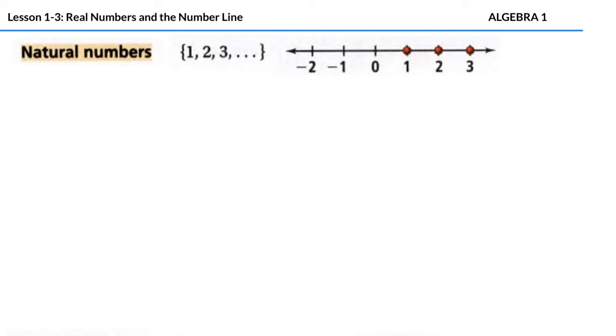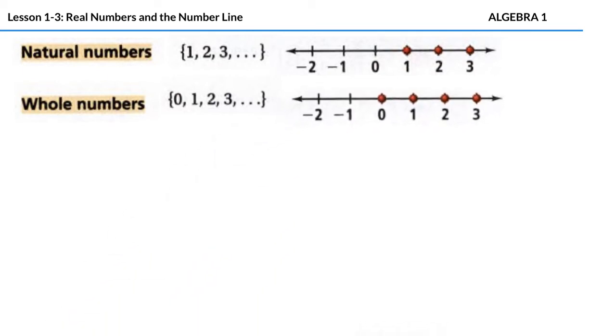So we know what natural numbers are. Numbers that begin with 1 and move on to 2, 3, 4, 5 and so on. What are whole numbers? Whole numbers are numbers that begin from 0: 0, 1, 2, 3, 4 and so on. And you mark it on the number line like this.